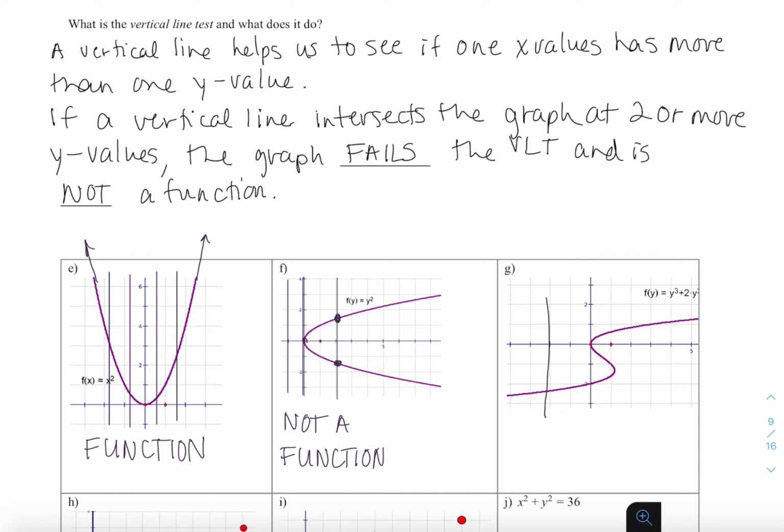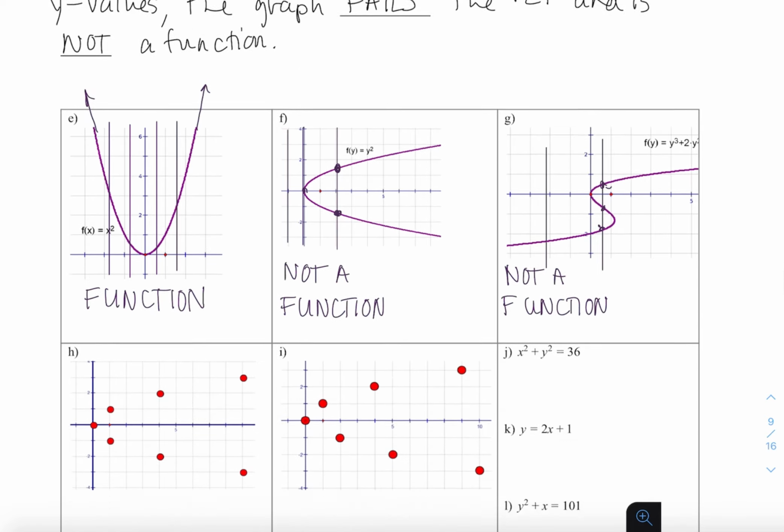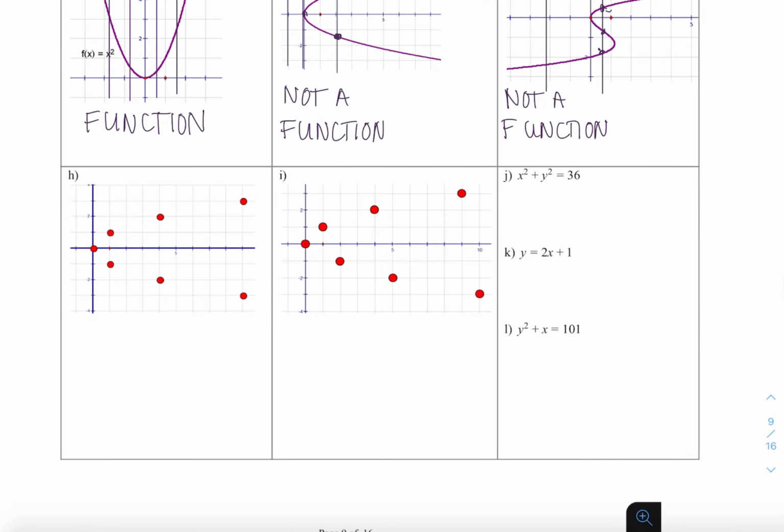Even though this passes, as soon as I get into this section, I intersect this graph 3 times. It fails the vertical line test and is not a function. All right, we can see that this guy is not a function.